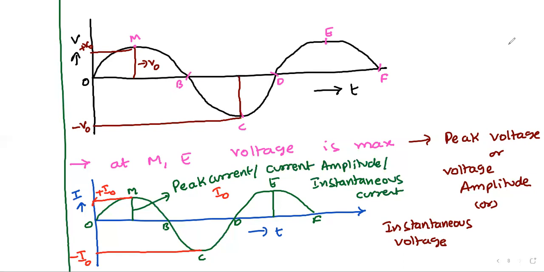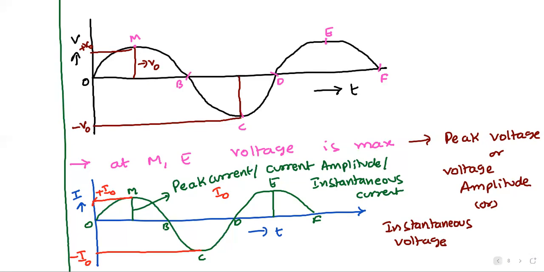Next one, we need to find what is the average value of current and voltage in a half cycle and in a complete cycle. We can see O to B, I can call as a half cycle.